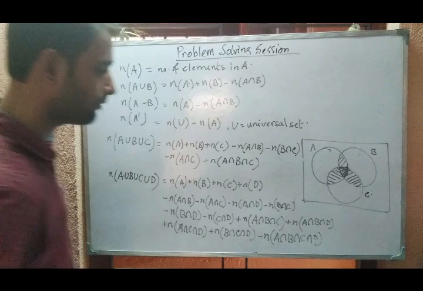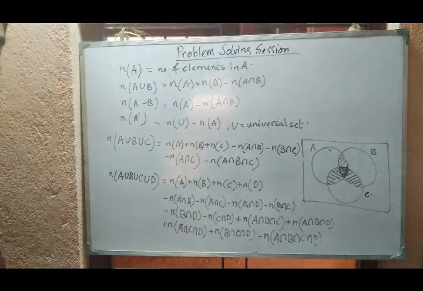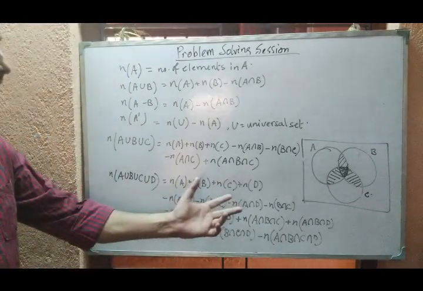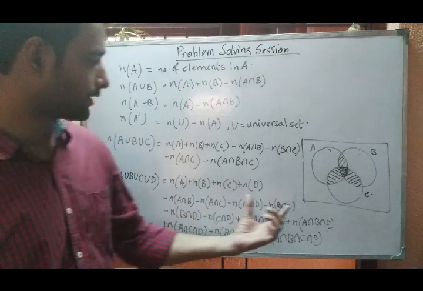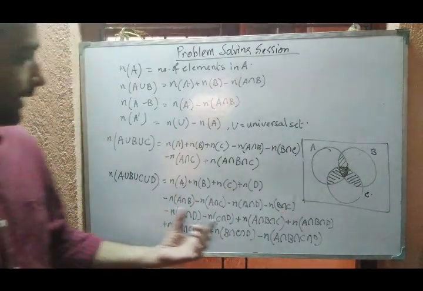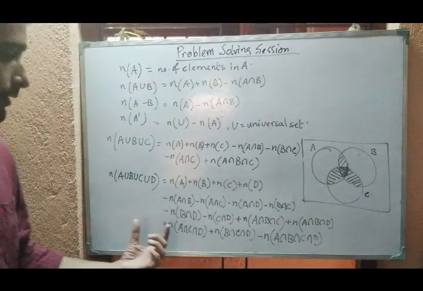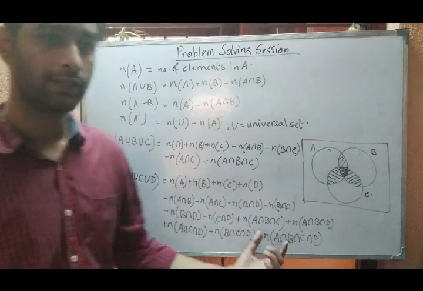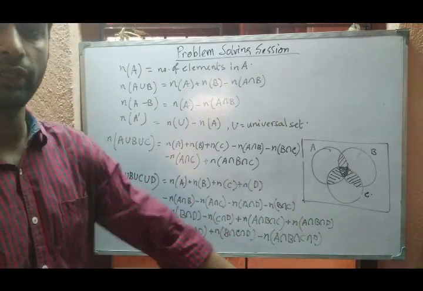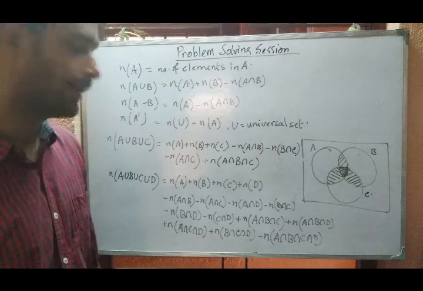That's how the formula comes in the general case. So first we will take all the sets, then subtract the intersection of 2, then add the intersection of 3, then subtract the intersection of 4, then add the intersection of 5. In this way it will go for n number of sets.